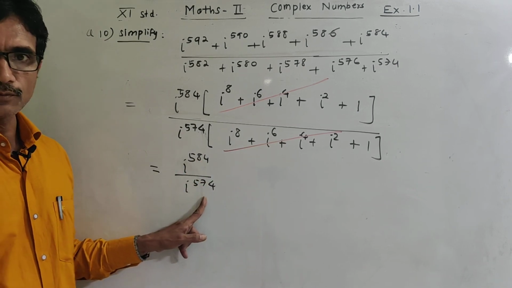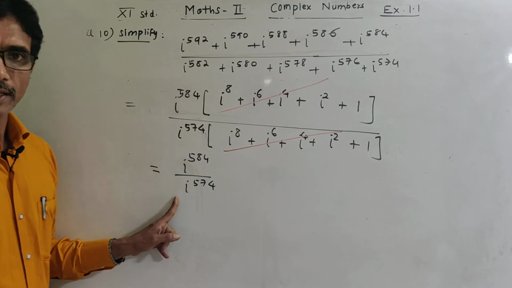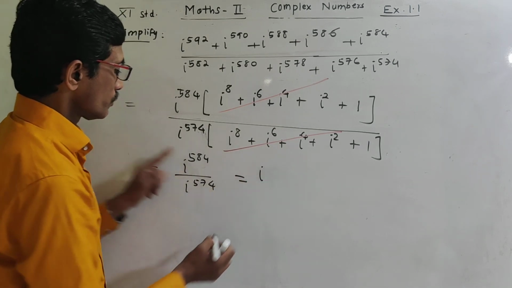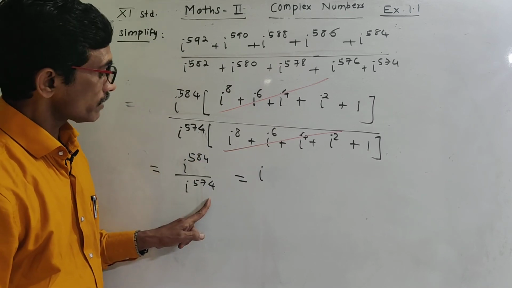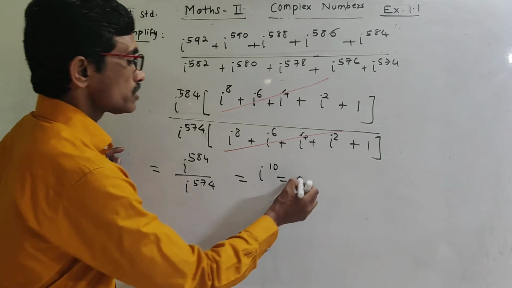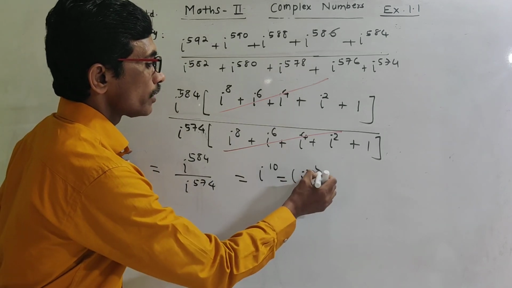584 and 574. A raised to power m upon A raised to power n is A raised to power m minus n, meaning i raised to power 584 minus 574, which is 10. i raised to power 10, what can we write? i square raised to power 5.